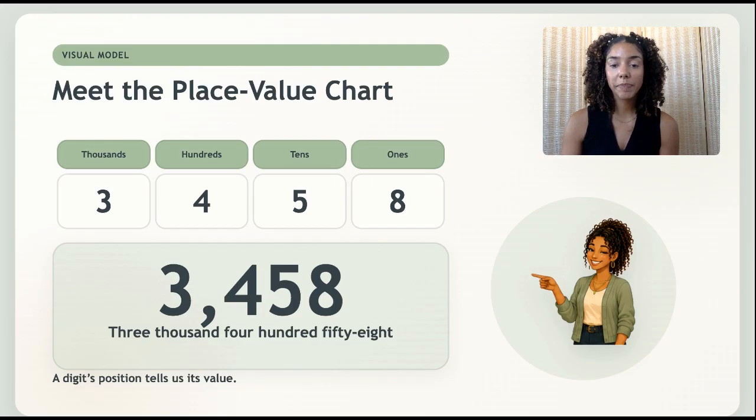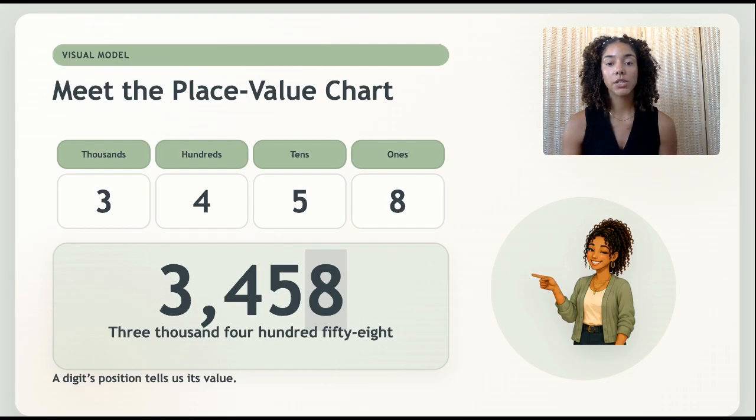The 3 is in the thousands place, so it represents 3,000. The 4 is in the hundreds place, so it represents 400. The 5 is in the tens place, so it represents 50. And our 8 is in the ones place, and that represents 8.